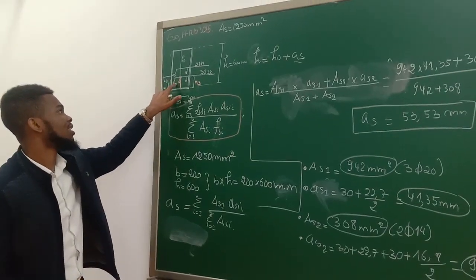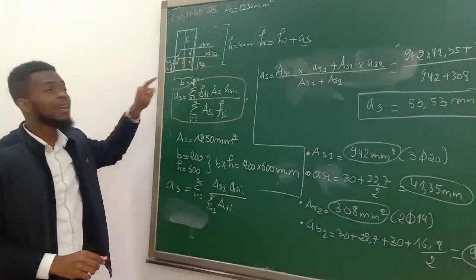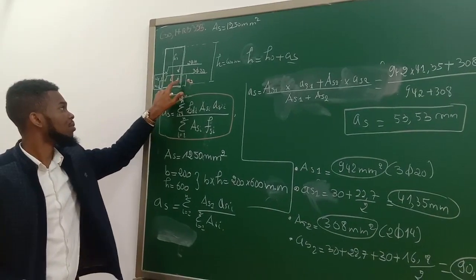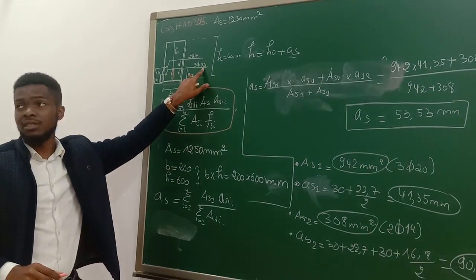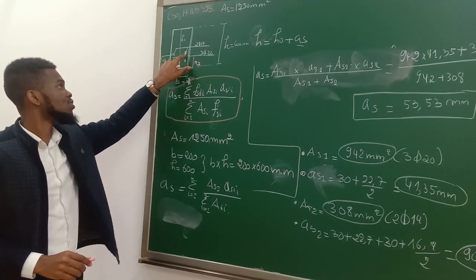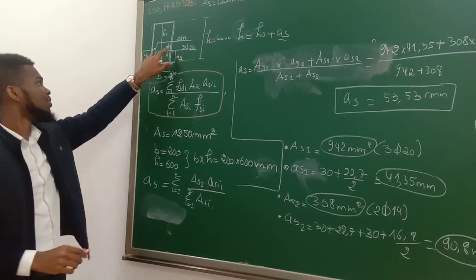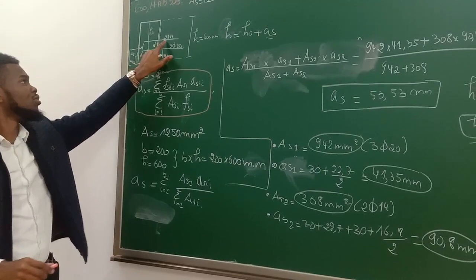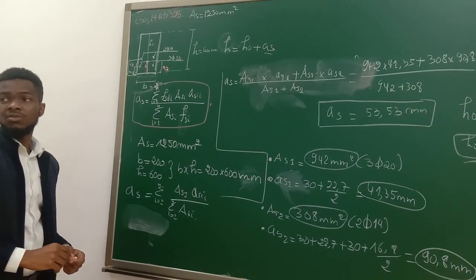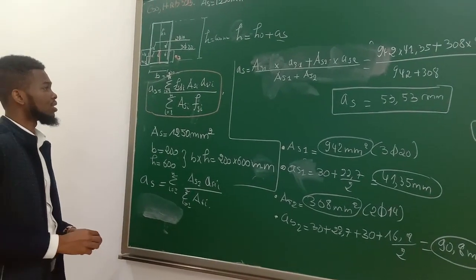The detail concerning the steel bars: in the first line of steel bars we use 3 steel bars of diameter 20 millimeter, and in the second line we use 2 steel bars of diameter 40. So those will help us find the solution that we want.